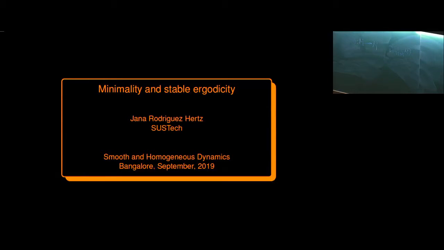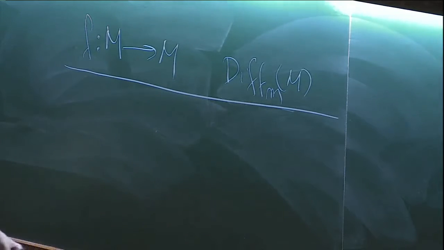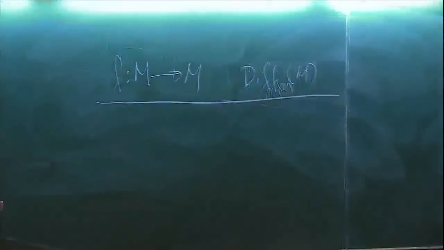And well, I will explain what stable ergodicity is for me. Both Stefano and Marcelo have explained it, but let me state it because I have slight differences with their definition.